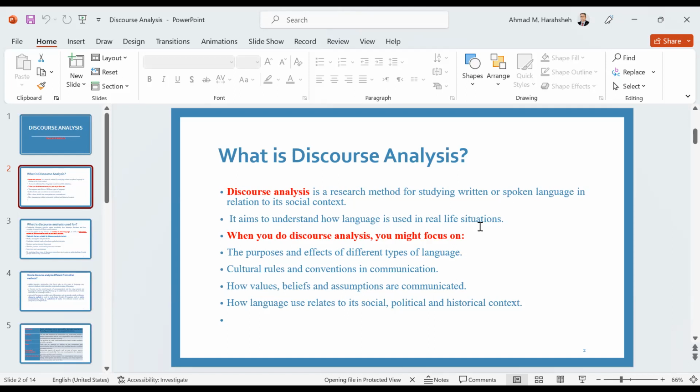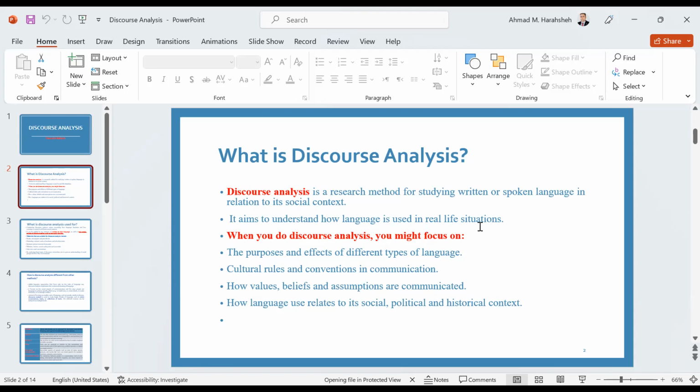How values, beliefs, and assumptions are communicated. How language use relates to its social, political, and historical context. When we use language here, for example, we are in Jordan, we have our cultural norms and our cultural rules, and we as Jordanians have a shared background knowledge about these rules.